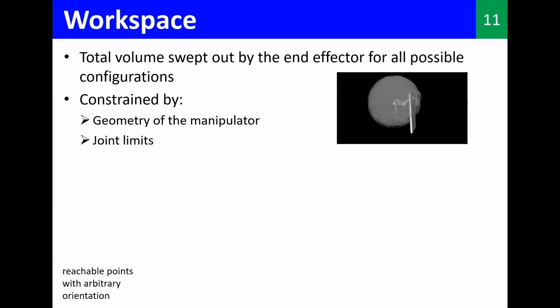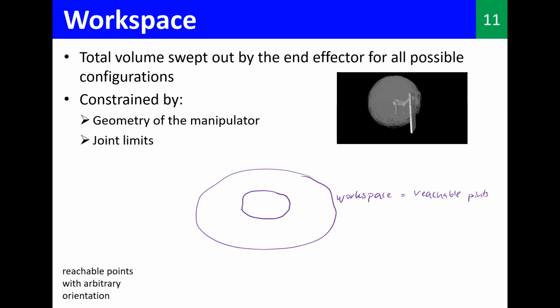Every joint in the manipulator will have joint limits, and therefore the shape I'm going to create by sweeping the total volume will have a certain shape. Right? Okay, so let's say this is that workspace, the reachable points. And inside that, there is a subset called the dexterous space.